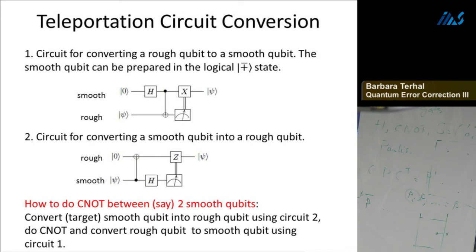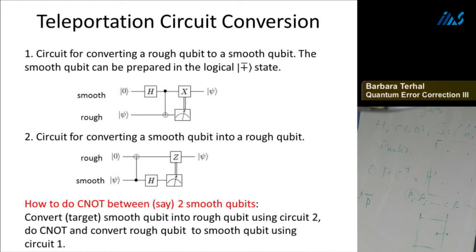And that circuit, of course, should not be using any tools that I don't have. Right? So these are the circuits. This is a teleportation type circuit where I have my rough qubit here. It's the target, not the control of some C0, so that's fine. And I can teleport that state into there, and this is a smooth qubit.